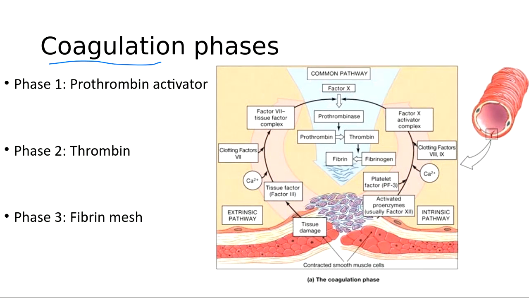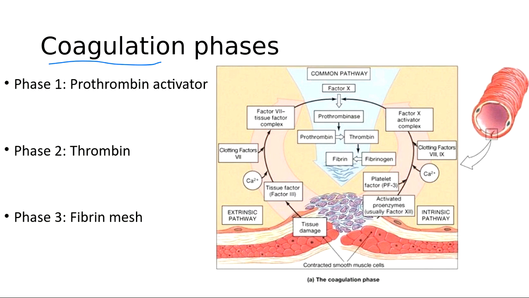The extrinsic pathway has to pull some substances from other places in order to create clotting factors. That's the extrinsic pathway. They both end up with the same product. Both pathways will get to the same end result, a clotting factor called factor X or factor 10.